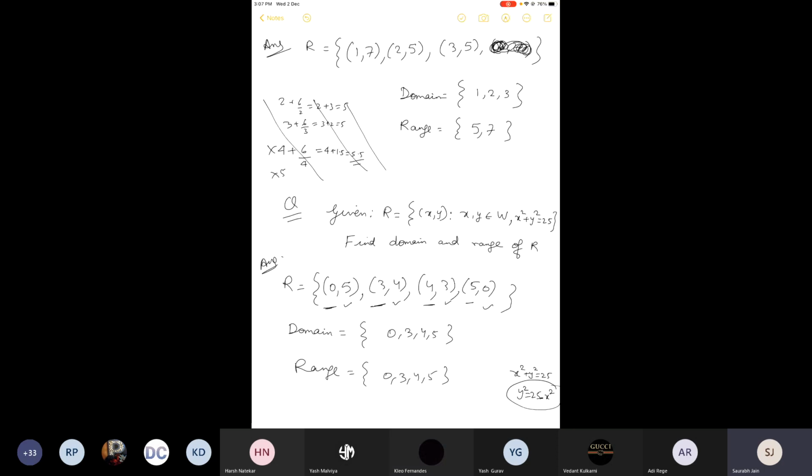Domain and range itself are sets only, na? What is domain? It is a set of elements. What is range? Set of some elements. Set means representing in roster form. So it is the same thing. Elements should not be repeated. If an element is getting repeated, we should not repeat it, and ordering is not important. We have already discussed this thing.